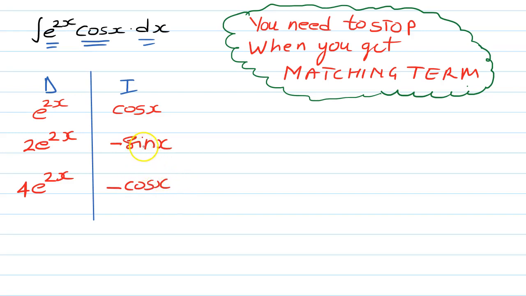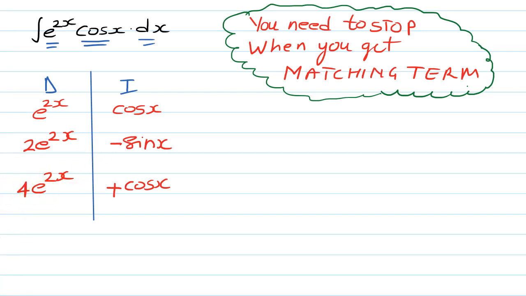So integration of sin x will be cos x, and there is a minus sign, so it will turn into positive. That will be positive cos x. Yeah, so cos x, then minus sin x, then it will be a positive cos x. Yes, so is that fine?